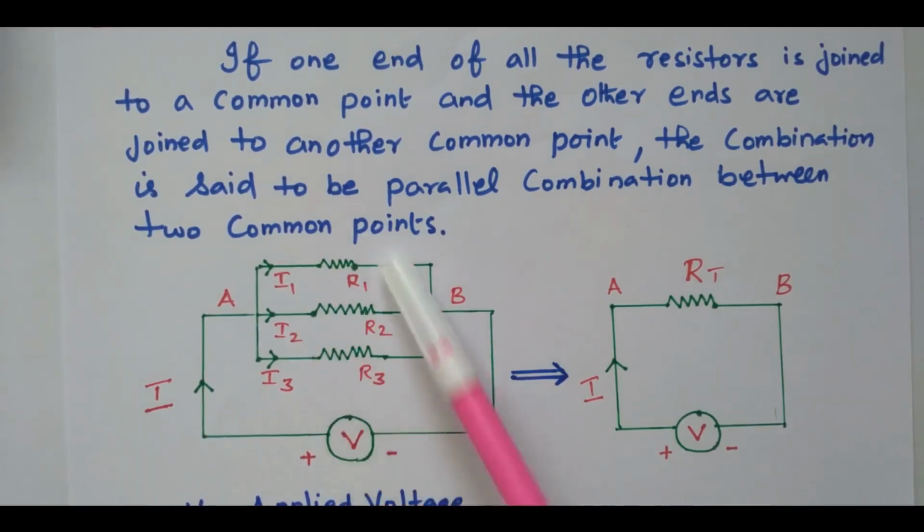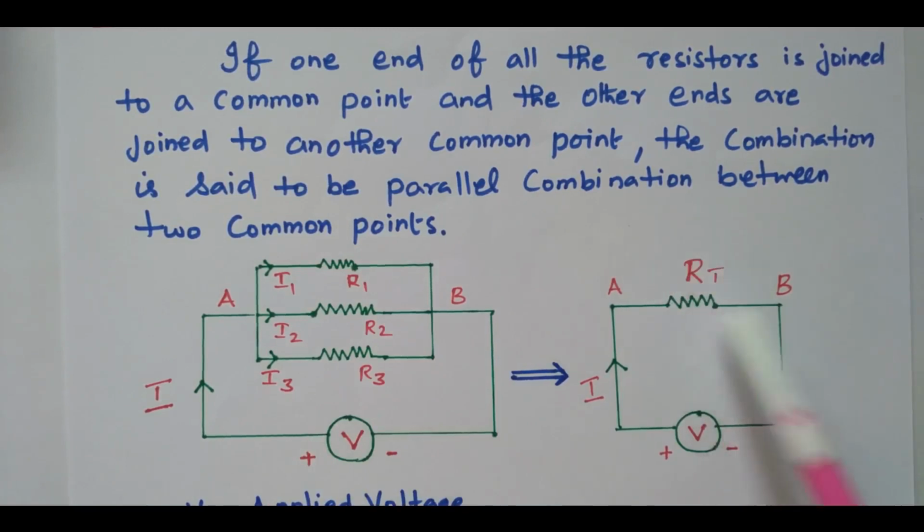So this parallel combination can be converted into a single equivalent resistor between A and B with a supply voltage V. How will we find the expression for total resistance in the case of a parallel combination? We will see now.